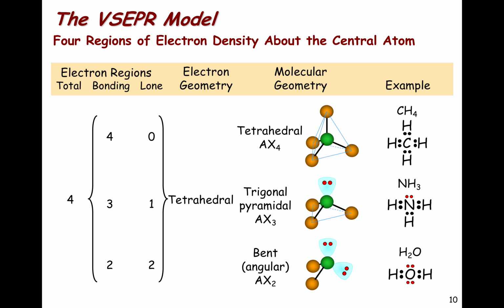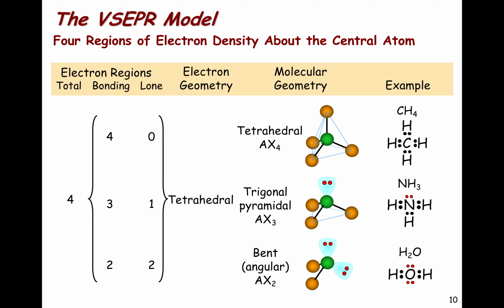So to summarize the possibilities when there are 4 electron regions: if all 4 of the electron regions around the central atom are bonding, we have a tetrahedral molecular shape. The angles are all 109.5 degrees. This is a good example of methane, but there are many other examples.